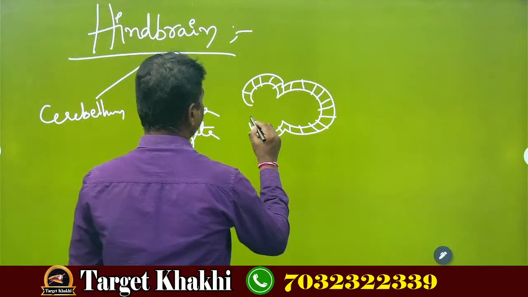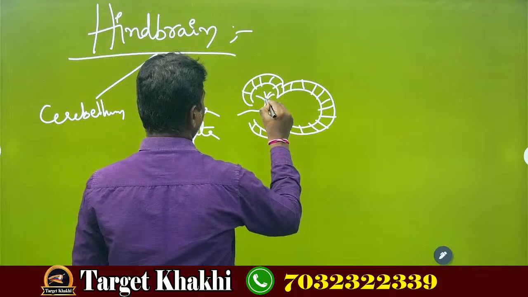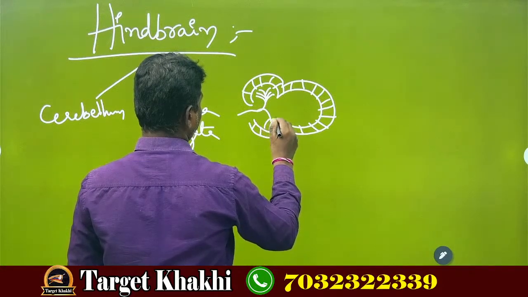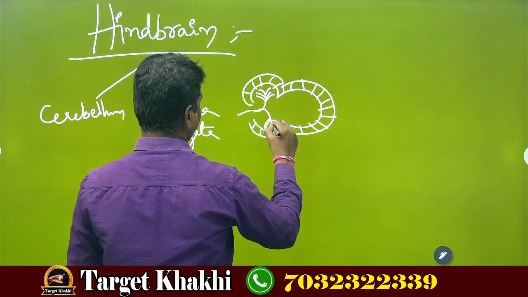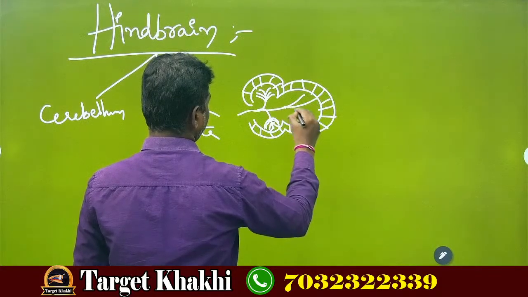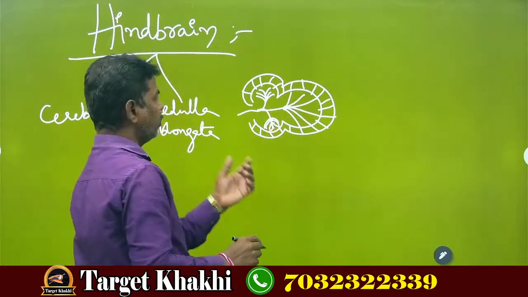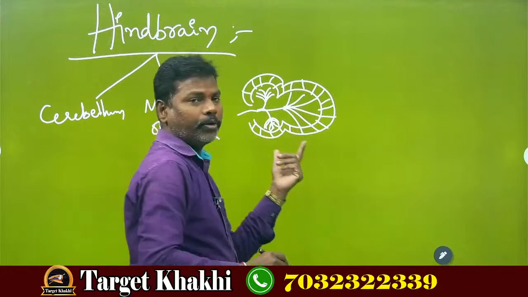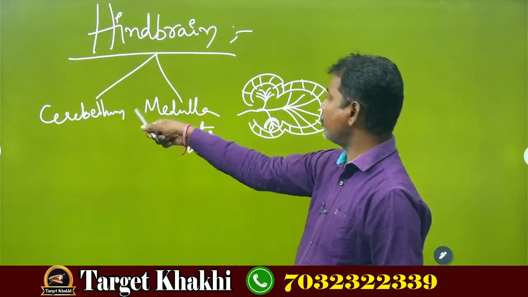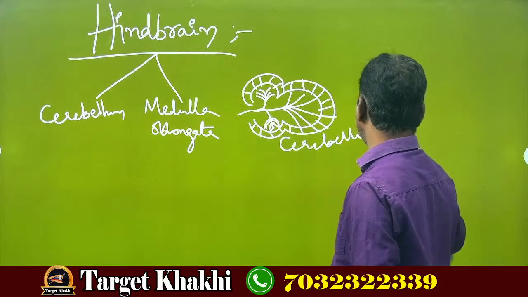Okay. So, this is cerebellum. Of course, it is the smallest part of the brain.